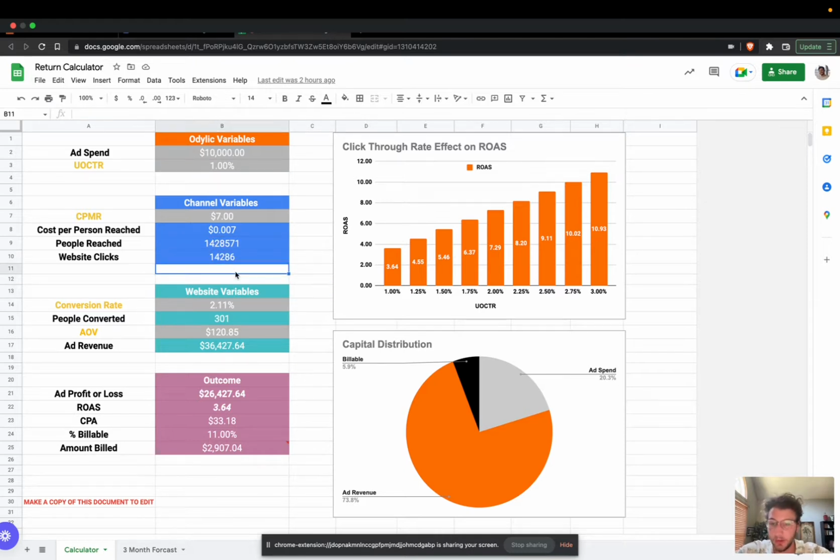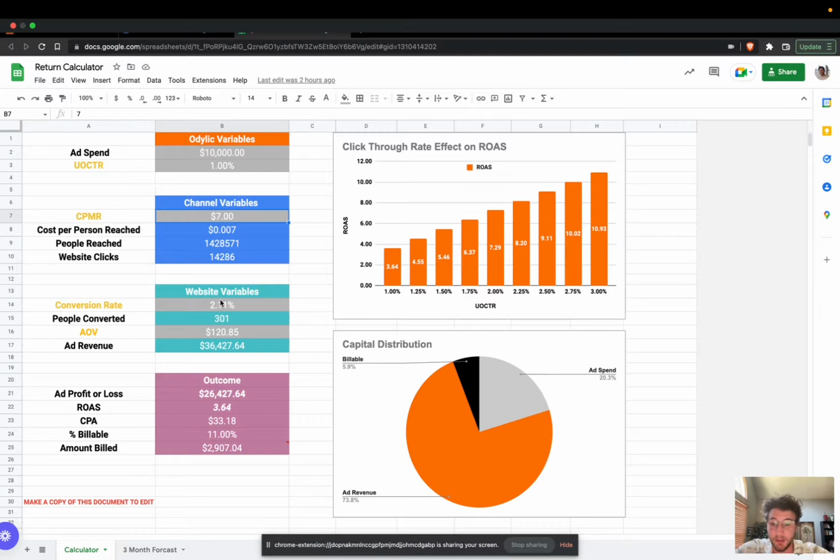The other variable is how qualified the people are, but other than that, it's just the cost of your audience and the percent of people that click on an ad, or the cost of the people you're targeting. So it's really just cost of the people, percent of people that click, and then how many website visitors you actually end up getting from that. And of course, if they're qualified.